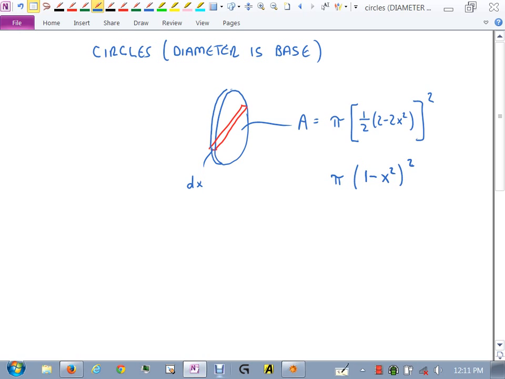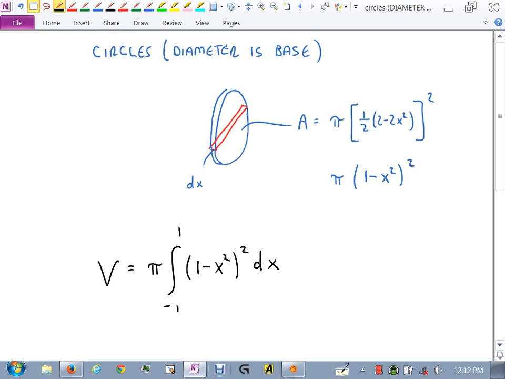Any questions? So give me a final volume formula for the whole thing. Integral from -1 to 1. You could pull pi out, it's fine. You could leave it in also, it doesn't matter. (1 minus x squared), quantity squared, dx.